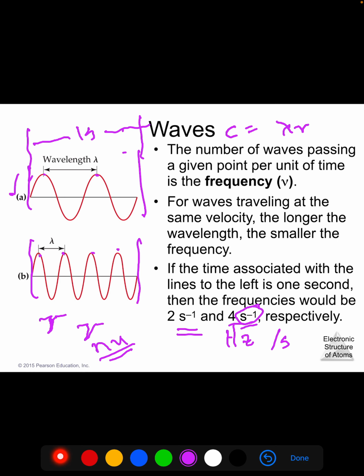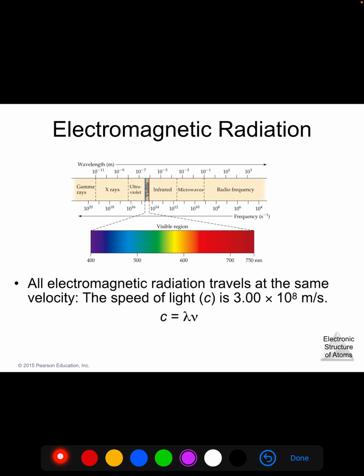It's also true for sound waves, ocean waves, any kind of wave, but we reserve this value C for constant for the speed of light, which all these X-rays, gamma rays, microwaves, radio waves, including CB, shortwave, television, radio frequencies, radar frequencies, all of these travel at the speed of light, which is 3 times 10 to the 10th centimeters per second. Or as your book puts it, 3 times 10 to the 8th meters per second.